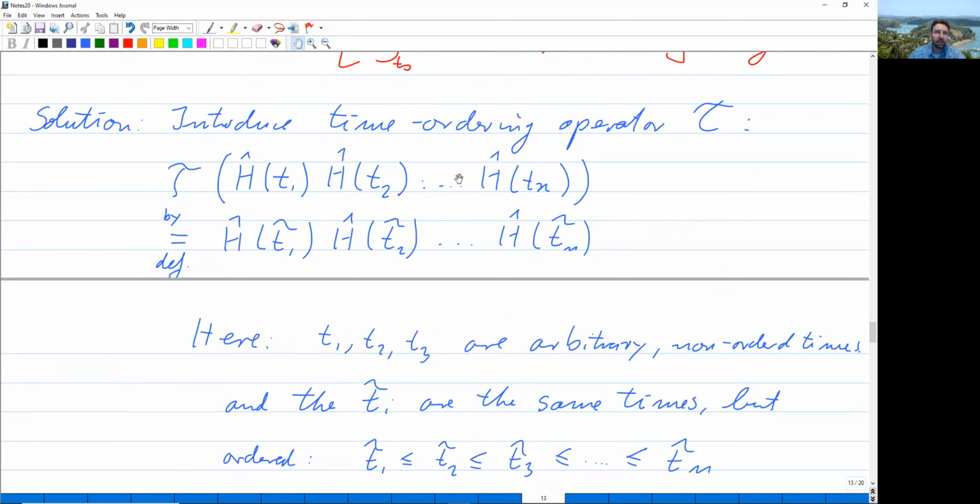If we have Hamiltonians with arbitrary time ordering, then we reorder them using the time ordering operator such that the Hamiltonian with the latest time is to the very right.